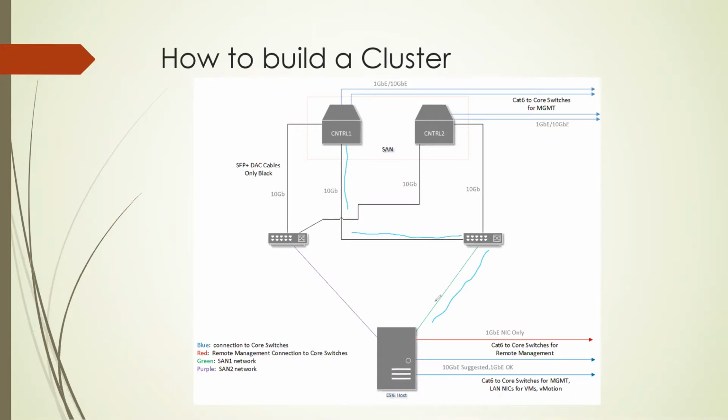So if this connection fails, we still have the purple connection going into switch 1, which continues to go into controller 1.